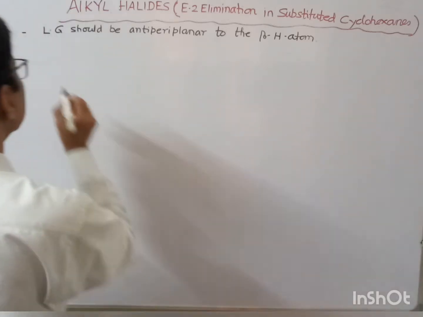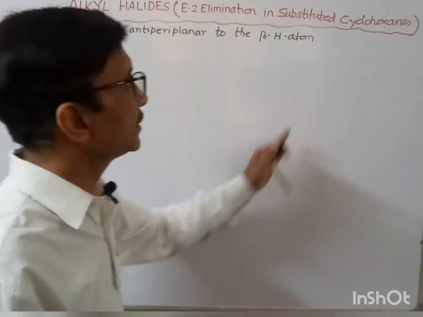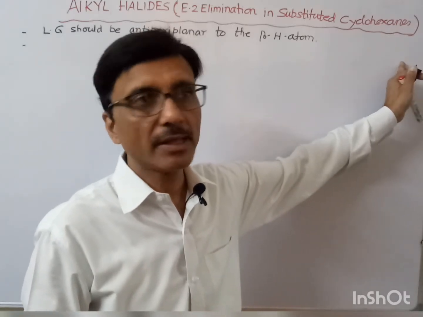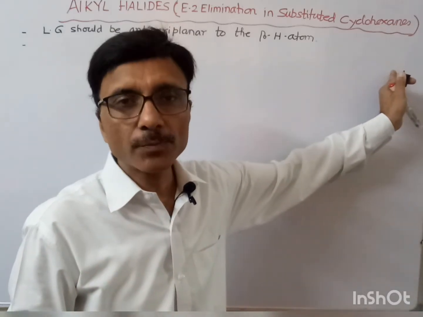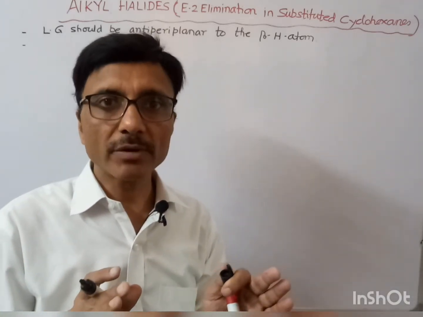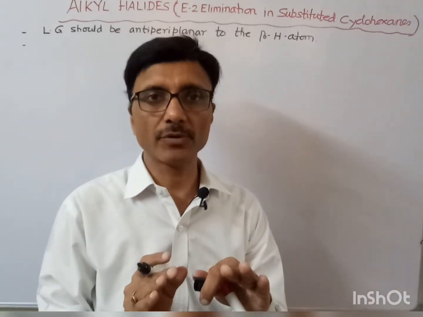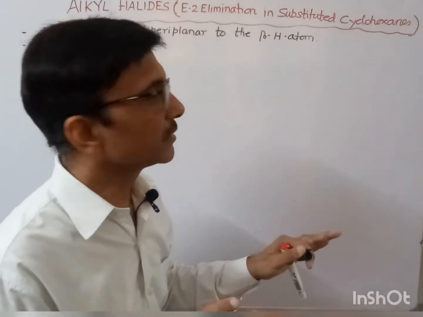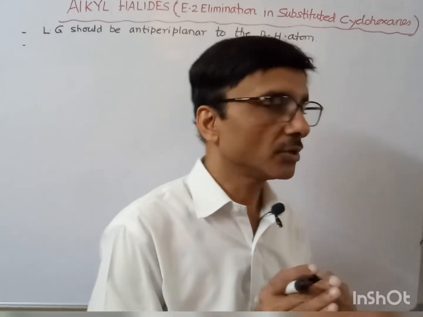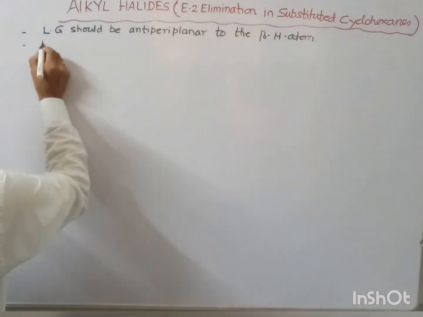And second thing here, if we are dealing with a cyclohexane ring or substituted cyclohexane, then the leaving group or the halogen atom should always be in the axial position.